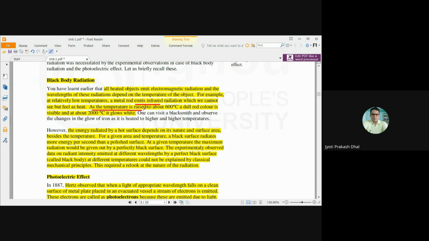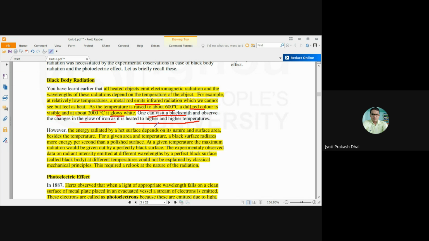As the temperature is increased to 600 degrees Celsius, a dull red color is visible, and when the temperature increases to around 2000 degrees Celsius, the metal rod glows white. One can visit a blacksmith and observe the changes in the glow of iron as it is heated to higher and higher temperature.